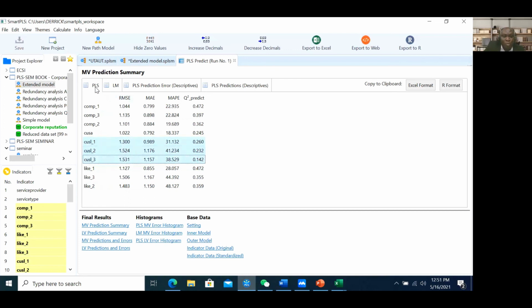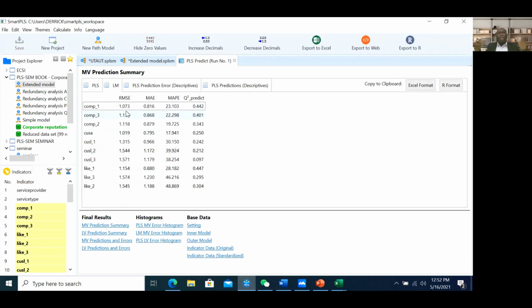In the PLS, under the PLS tab, this is the PLS prediction tab. So we check the error terms and see whether there's a difference between the PLS predict results and then the least squares, or the benchmark.